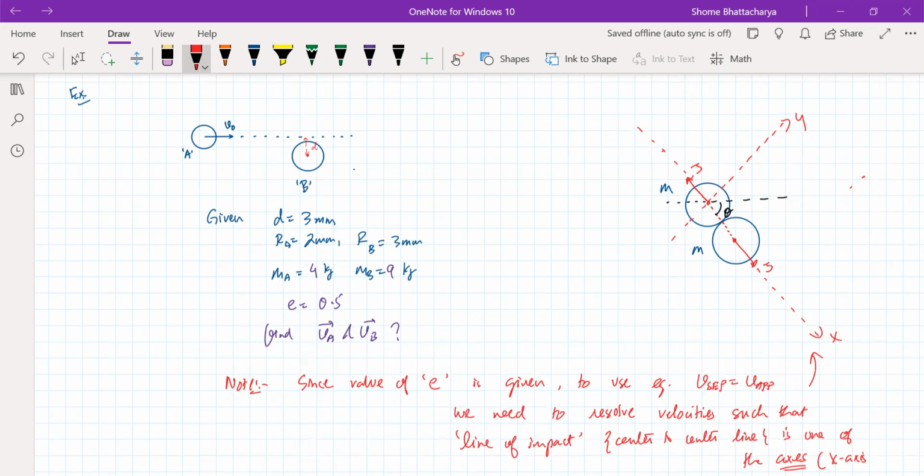So this will be the easy way of solving the problem so that we can use the coefficient of restitution easily. Just make the diagram, and I will give this a minute to work out the equations. I'll put them up.